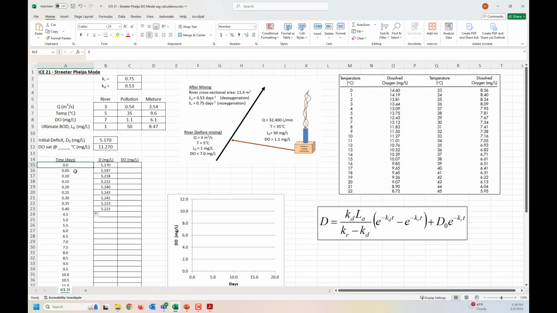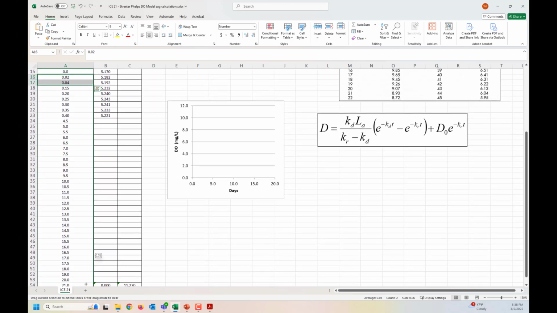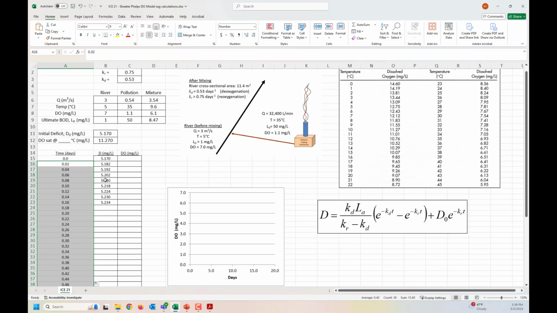So maybe I'll do 0.02, 0.04. So let me drag that down through maybe like 0.78 days.